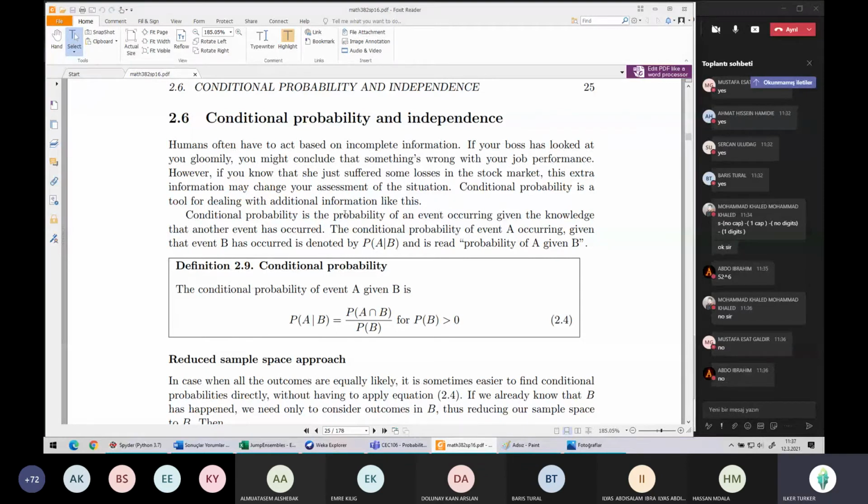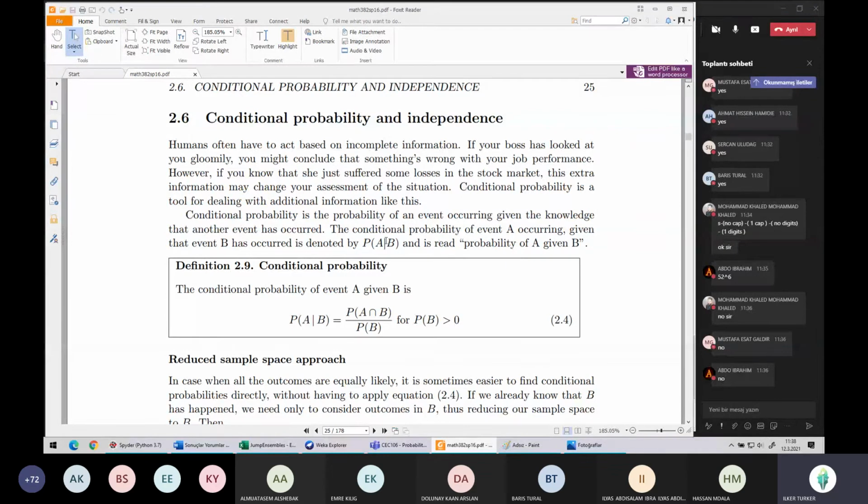Conditional probability is the probability of an event occurring given the knowledge that another event has just occurred. It is denoted by P(A given B), probability of A given B. Here, B is the event that has just happened. We know that B is given, B has happened.